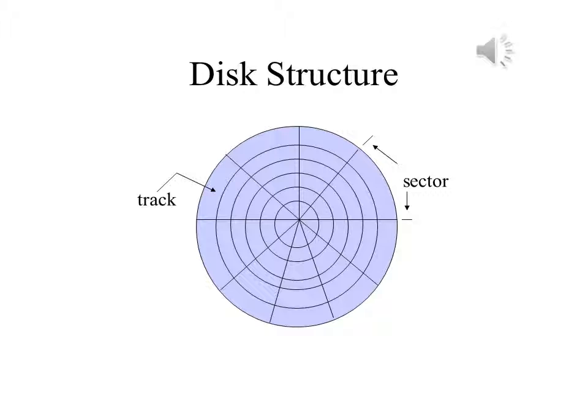Disks consist of a series of concentric tracks on which data can be written, and these tracks are numbered from the outside going inward. Tracks are divided into smaller units called sectors, each of which can correspond to a block, the logical unit into which disk data is divided.